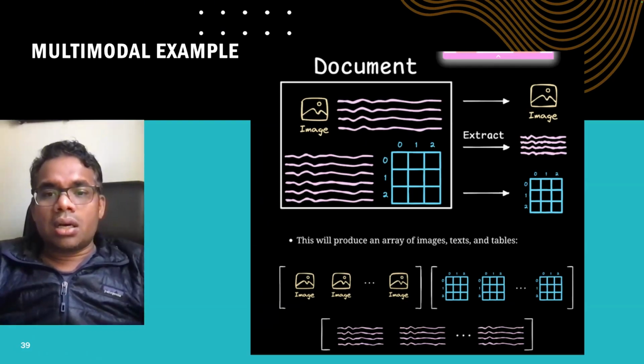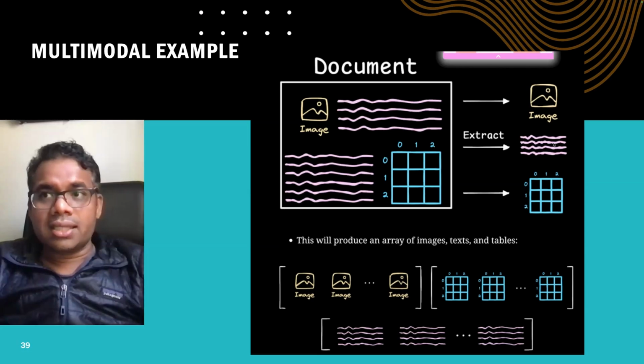First things first, we are going to extract the images and then extract the actual text and the table formats, right? If some information is written in table format, we're going to extract those things.